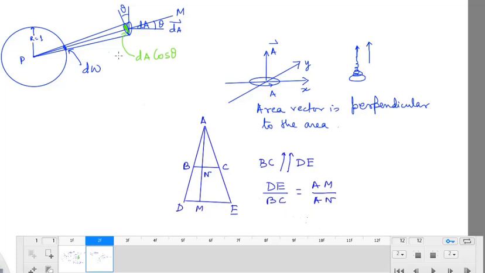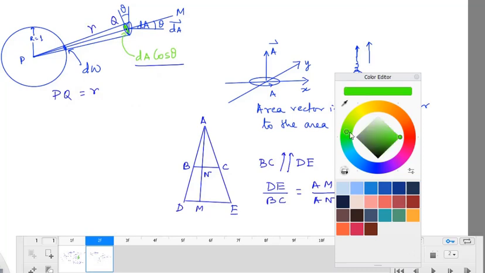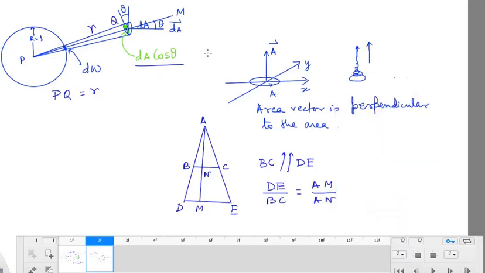Now in the same flavor, suppose this point is Q, here it is at a distance R, so PQ is equal to R. What is this area? This is dA cos theta, right?